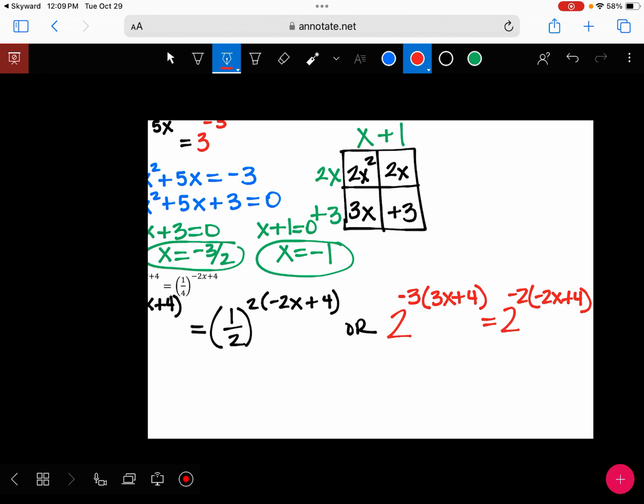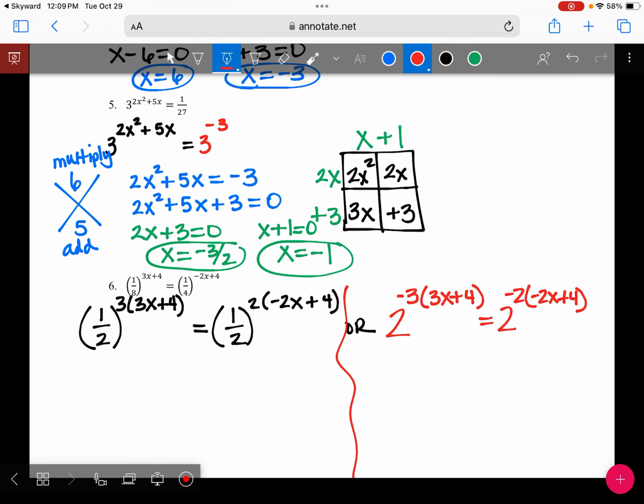Both of these equations will give you the exact same answer, so it's up to you. They're the same. Both you got to distribute, so it's the same amount of work. But I just want to make sure you understand that you can use a base 1/2 with a positive exponent, or you can use a base of 2 with a negative exponent. So pick the one you want to do, and I'll put up the answer here shortly.